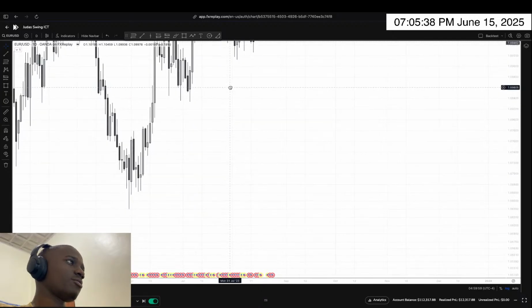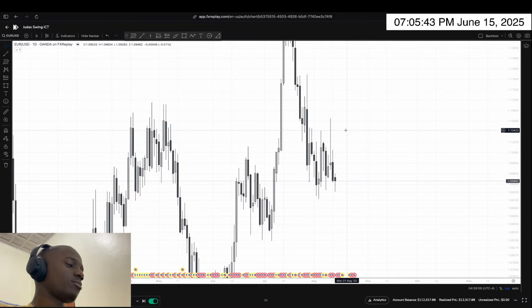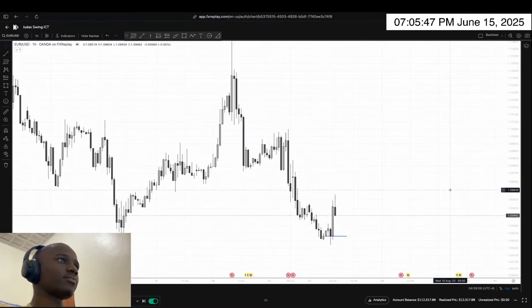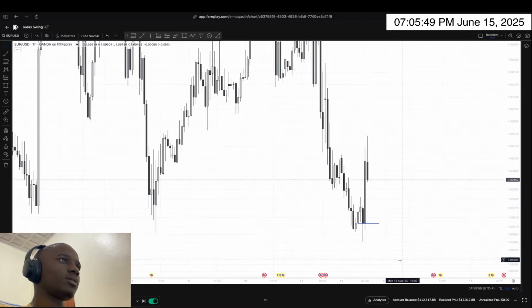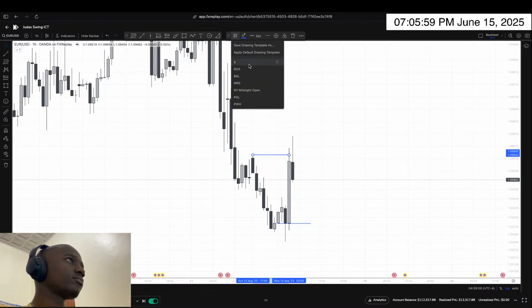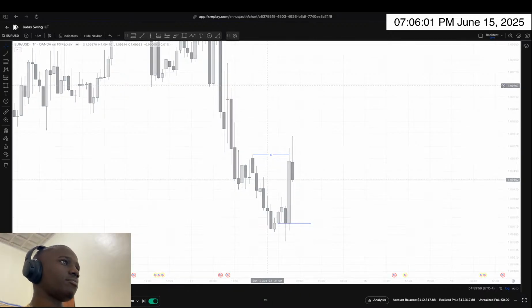Take out these lows, and if possible, take out this one as well. And what I'll do is that I'll go on the 1 hour. I'd like to mark a good sweep here. Have these lows, these highs taken out. I'm gonna go to the 15-minute.